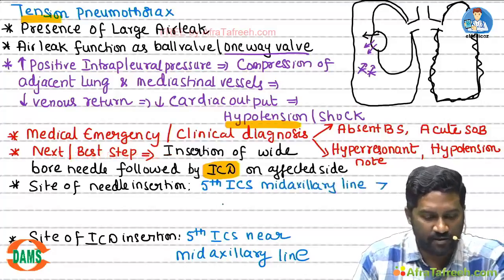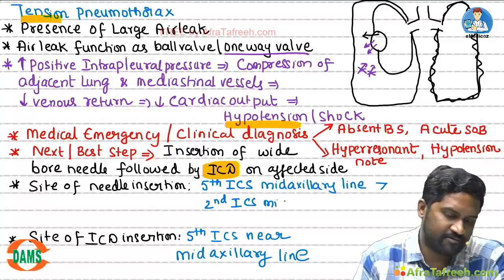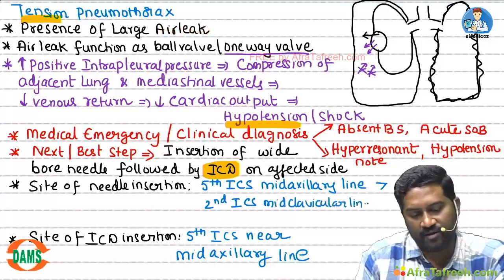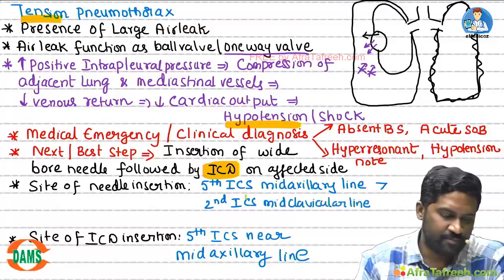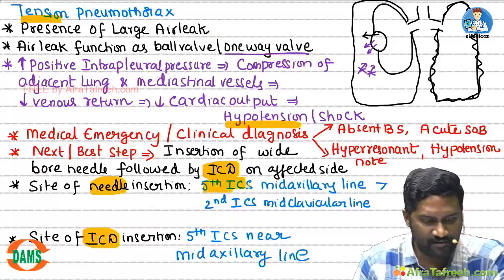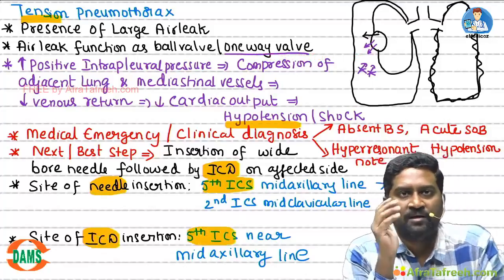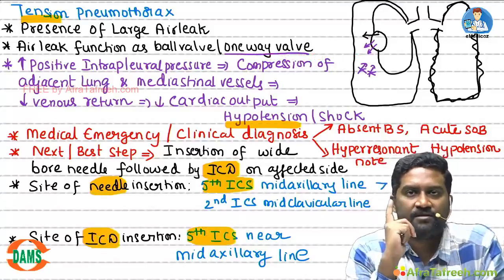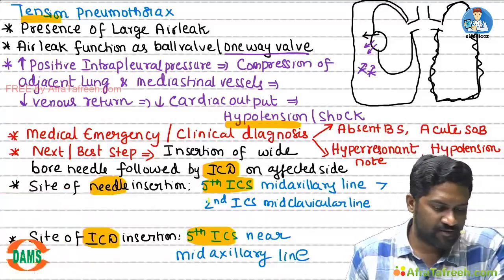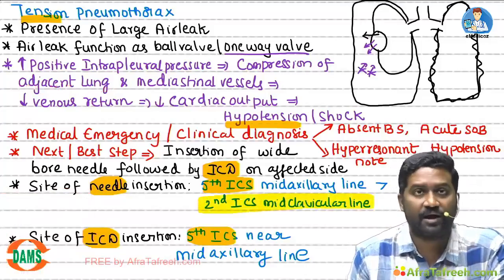To avoid confusion, they have now made it uniform. If the 5th intercostal space is not given in the options for the needle, you can go with the old guidelines: 2nd intercostal space, mid-clavicular line.